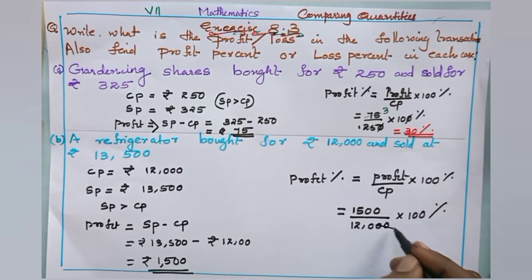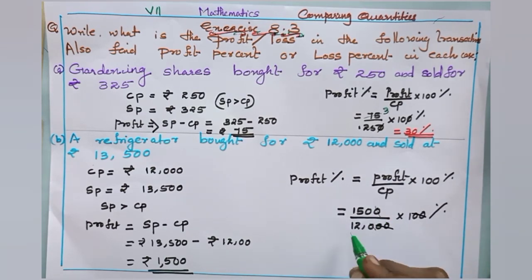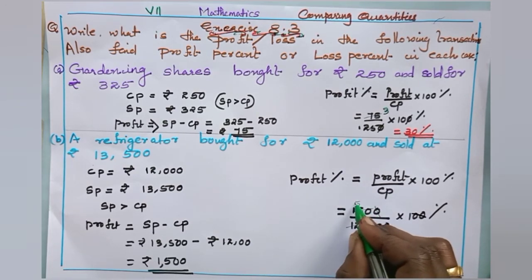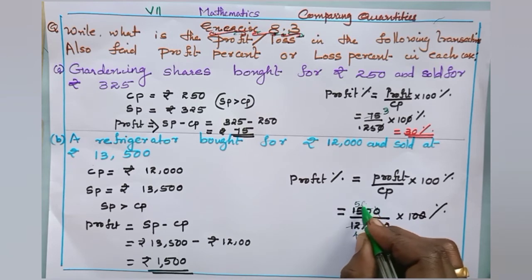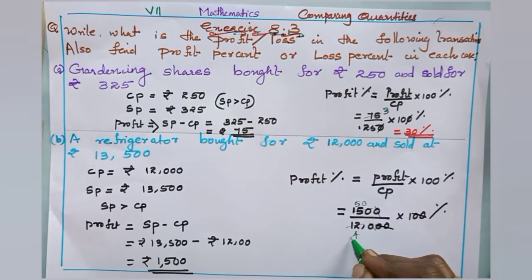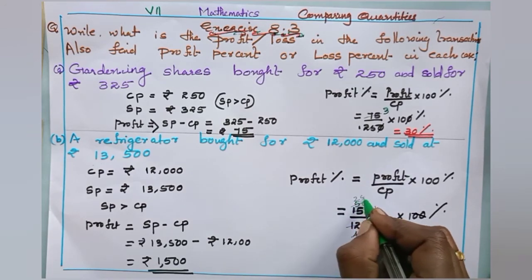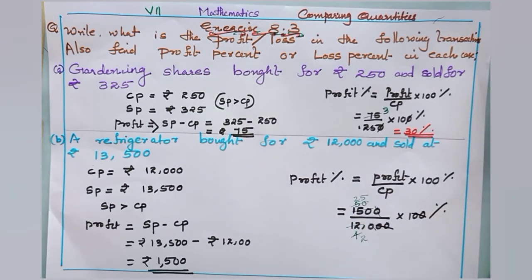Cancel this 0, then this 0 and this 0. Then 12 we can cancel by 3: 4 threes are 12, 5 threes are 15. Then again we can cancel by 2: 2 twos are 4, 25 twos are 50.